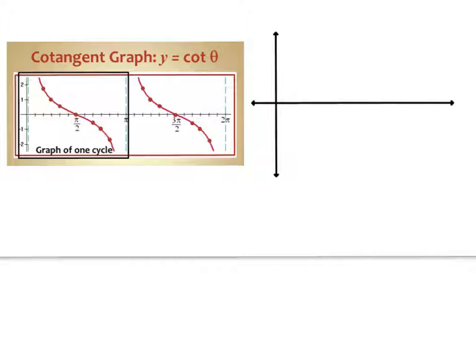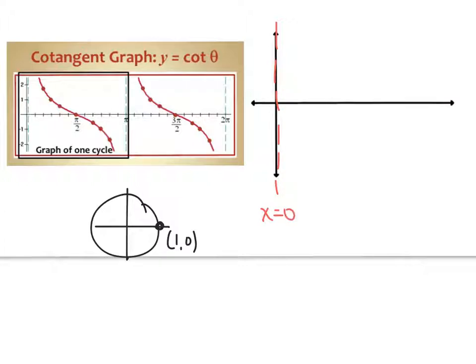So, going back to our unit circle, so that we can apply it to our graph. What is cotangent of 0 if our point is 1, 0, and cotangent is now cosine over sine? It's undefined. So now, instead of having an asymptote at negative pi over 2, we have an asymptote at x equal to 0.